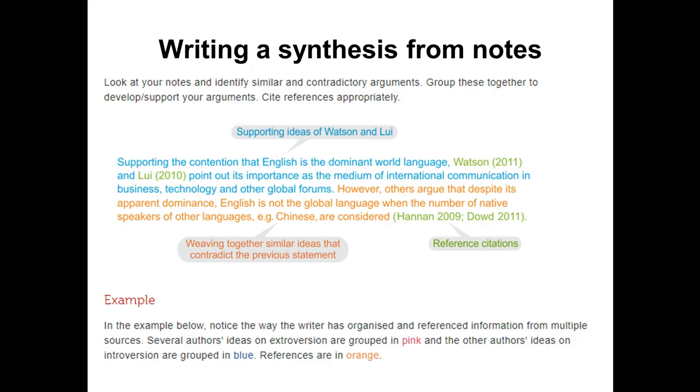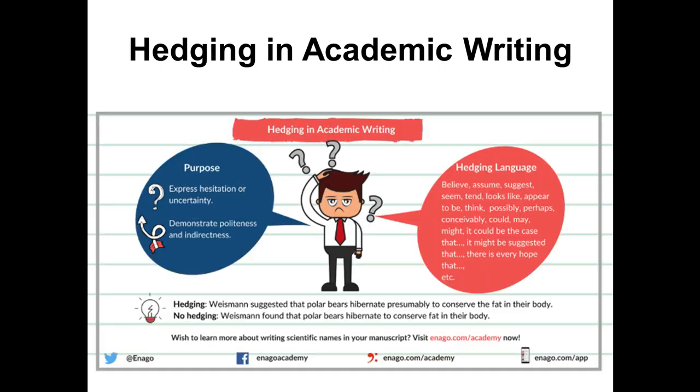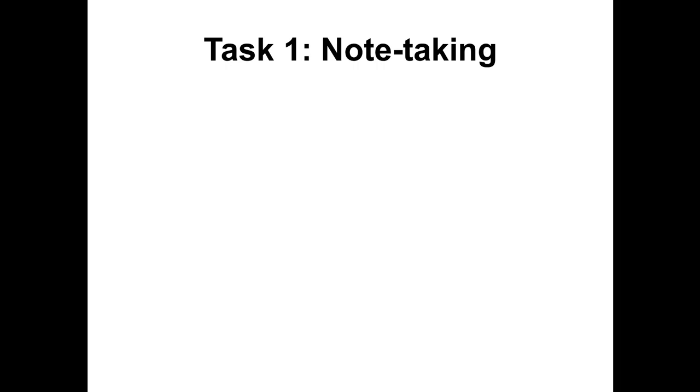Several authors' ideas on extroversion are grouped in pink, and the other authors' ideas on introversion are grouped in blue. References are in orange. Task 1. Note taking. Okay.